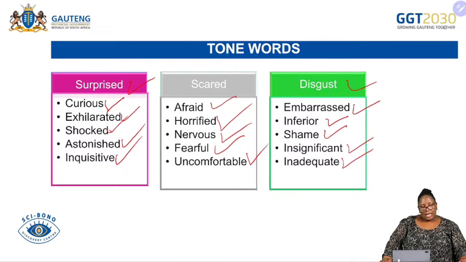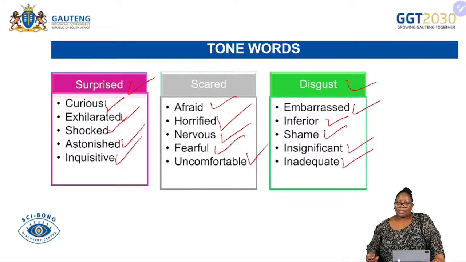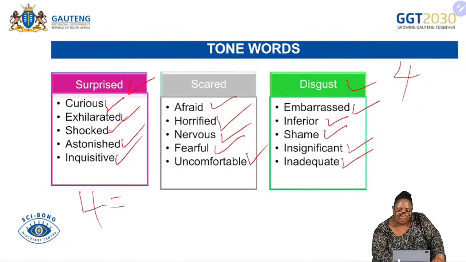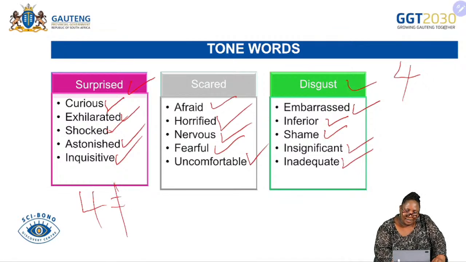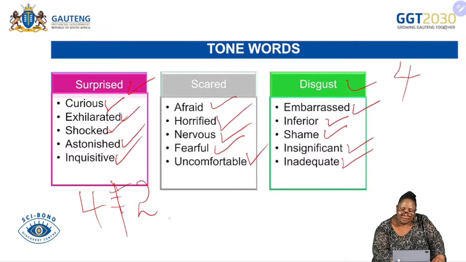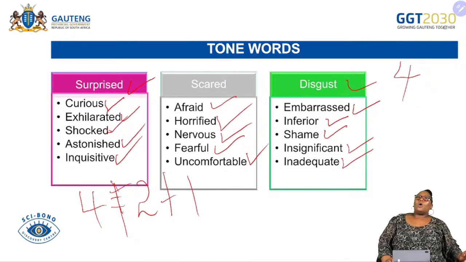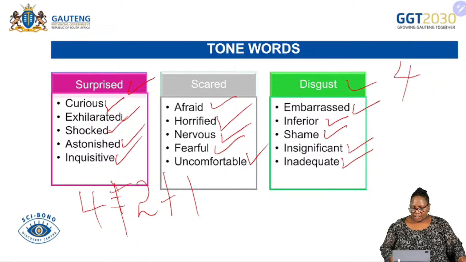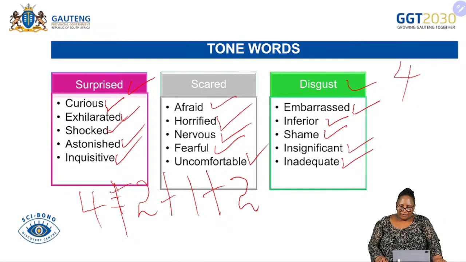So, now let's check. We have 4 marks for the matching column, plus 2 marks for the setting, plus 1 mark for identification of the figure of speech, plus 2 marks for the explanation of the figure of speech.